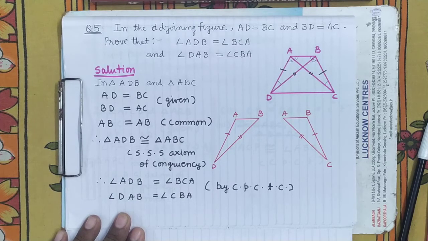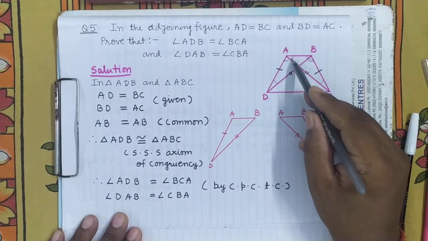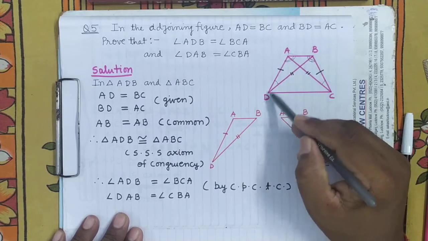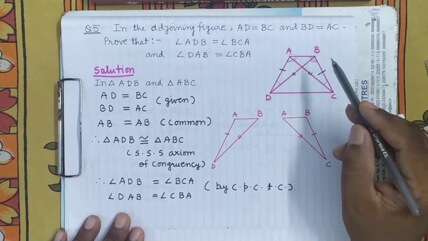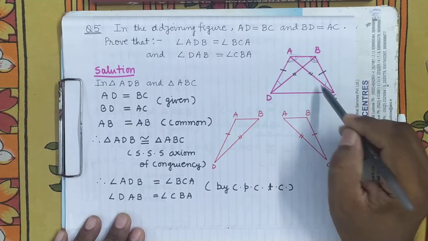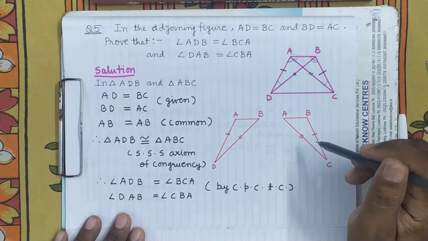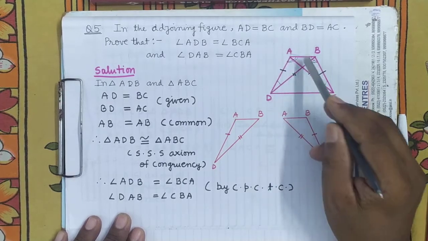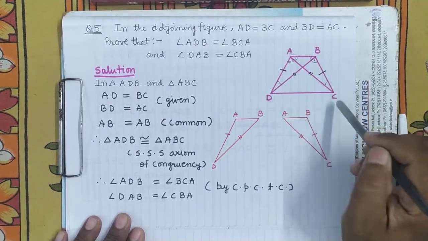These two angles are coming in triangle ABD, and these two angles are coming in triangle ABC. It's clear? These two are in triangle ABD and these two are in triangle ABC.